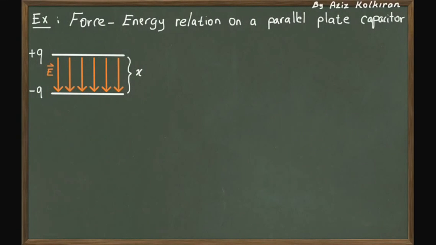In this example, I will derive the electrostatic attraction force between the plates of a parallel plate capacitor by using the fact that the force involved in our system is a conservative force.